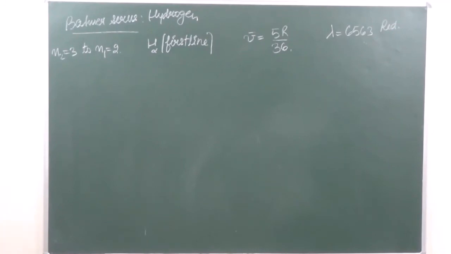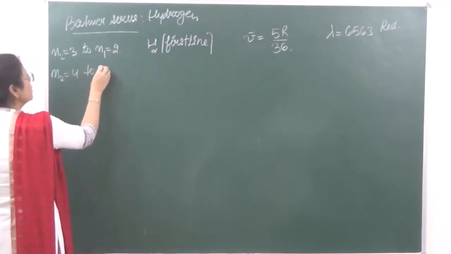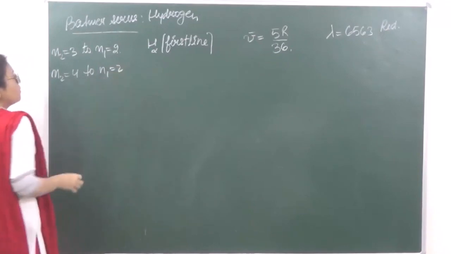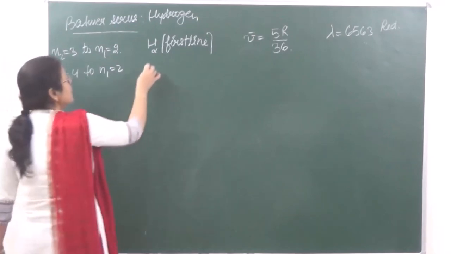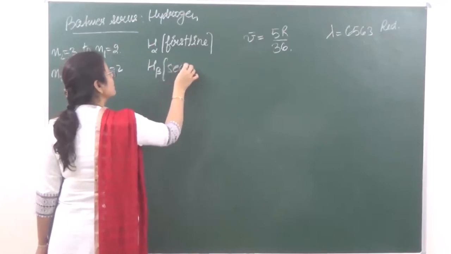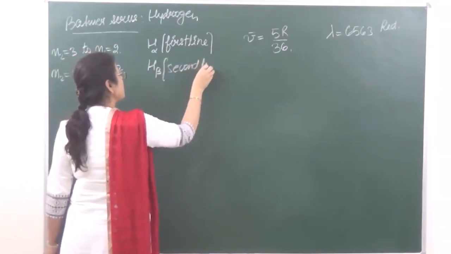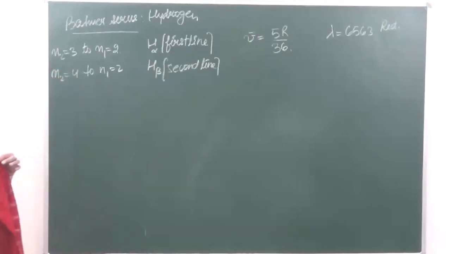Okay, then the second transition which we are going to do is N2 is equal to 4 to N1 is equal to 2. For the Balmer series, N1 is always going to be equal to 2. And this transition is represented by H beta. This is the second line.